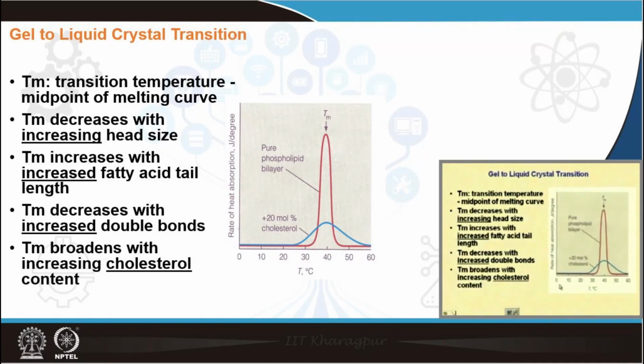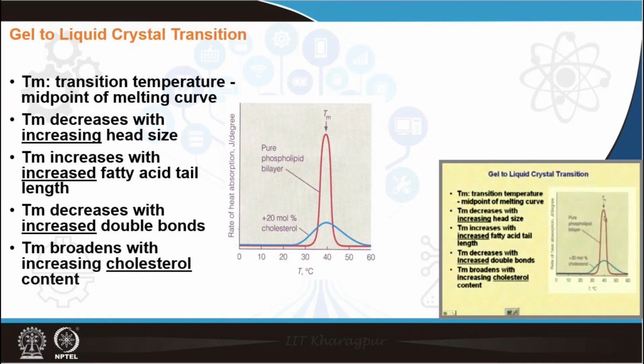When we look at the heat absorption, we have temperature along the x-axis here. When the temperature is low, everything is ordered. All the fatty acid chains are ordered in some fashion, and at some point it moves over to the liquid crystal state because of a disruption in the order.